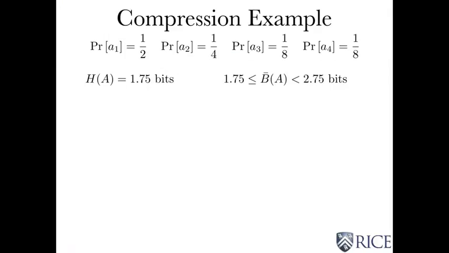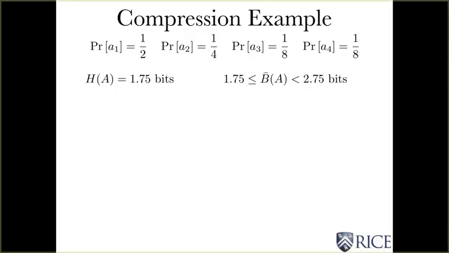So let me go through our little example here that we've already done. And we calculated already that the entropy was 1 3/4 bits. And so the source coding theorem says that we should be able to come up with a code that's lossless compression whose average number of bits is between 1 3/4 and 2 3/4.